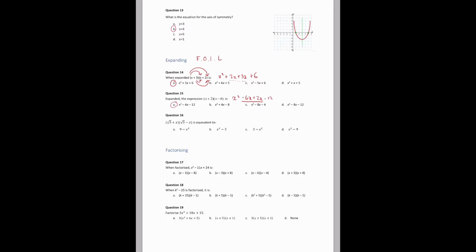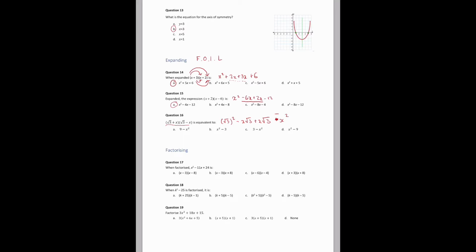And for the very last one, if you can recognize this, this is like a difference of perfect squares, if you were to factorize it. If you were to again use the FOIL method, this would give you negative root 3 whole squared, minus x root 3 plus x root 3, and this is going to be a negative x squared.